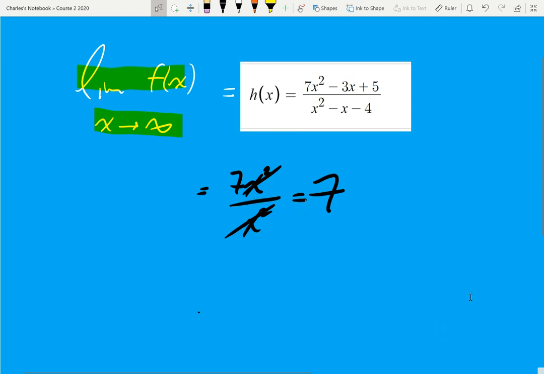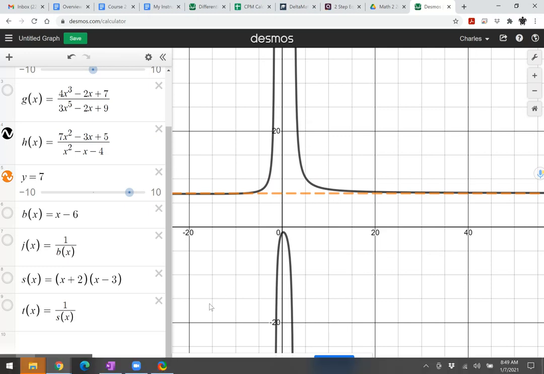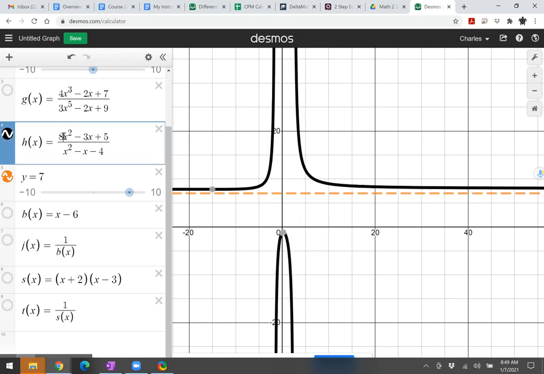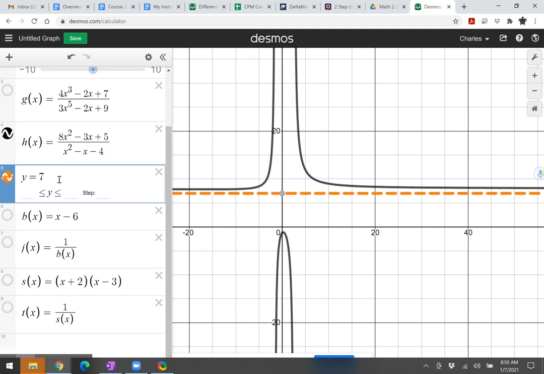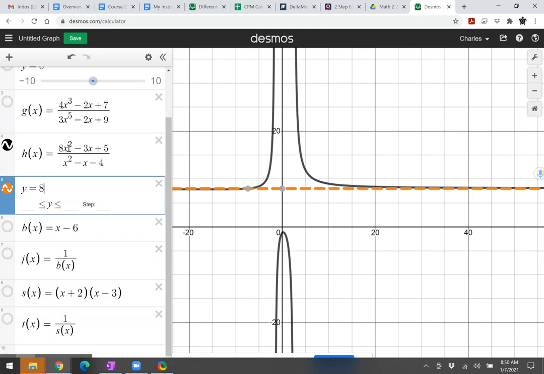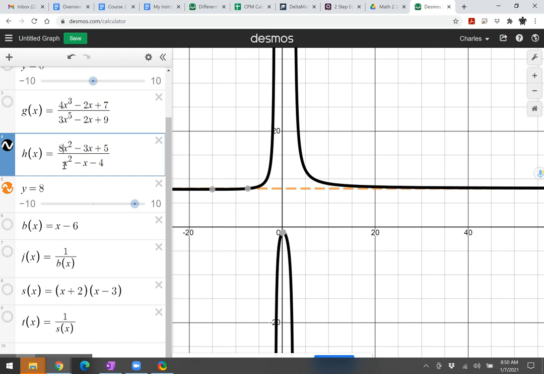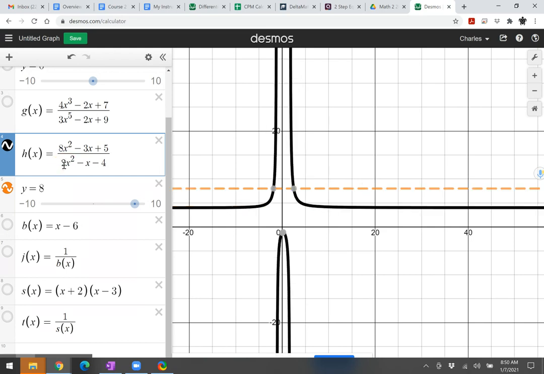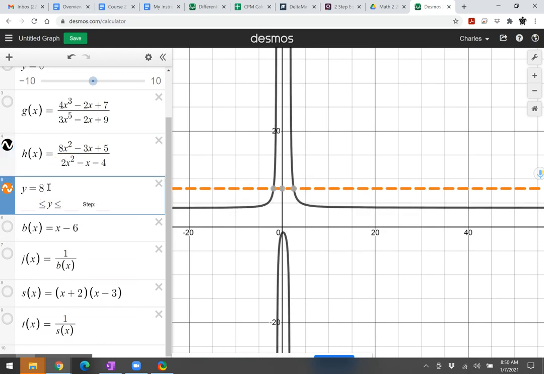You can use those algebraic steps with limits if the denominator has the same degree. Or you can just look and know, if I change this to 8, then this would change to 8. If I change this to 2, then you might think, what does this change to? Well, it changes to 8 divided by 2, which is 4. So that's how those work.